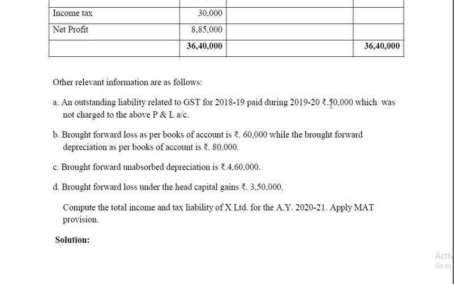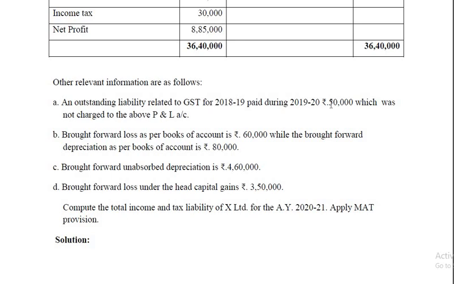Okay, next, brought forward loss as per books of account is 60,000, while brought forward depreciation as per books of account is 80,000. So here you have to compare the two, 60,000 or 80,000, whichever is less.